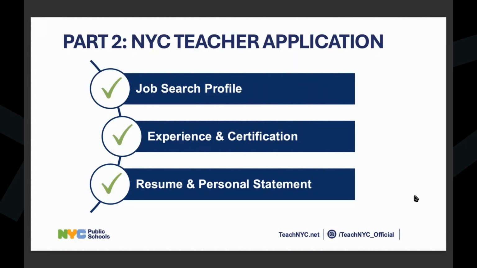You'll submit some work history information, some academic history information, and some professional references as part of this section as well. Additional components include submitting a personal statement, and we're really looking for evidence that demonstrates that you're a polished professional who has thoughtfully submitted an application to New York City Public Schools.